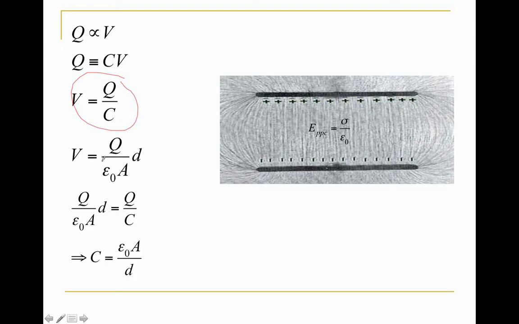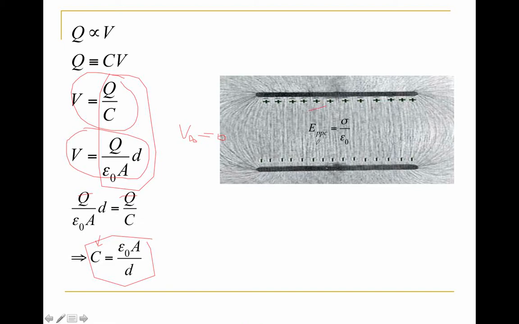Then if I go back to the previous slide where I found V, taking V at infinity equal to 0, and compare these two equations, the Q's will cancel, and I get 1 over C is equal to D over epsilon naught A, or C is equal to epsilon naught A over D. So as you can see, this is the capacitance C of this parallel plate capacitor, which has a uniform electric field.